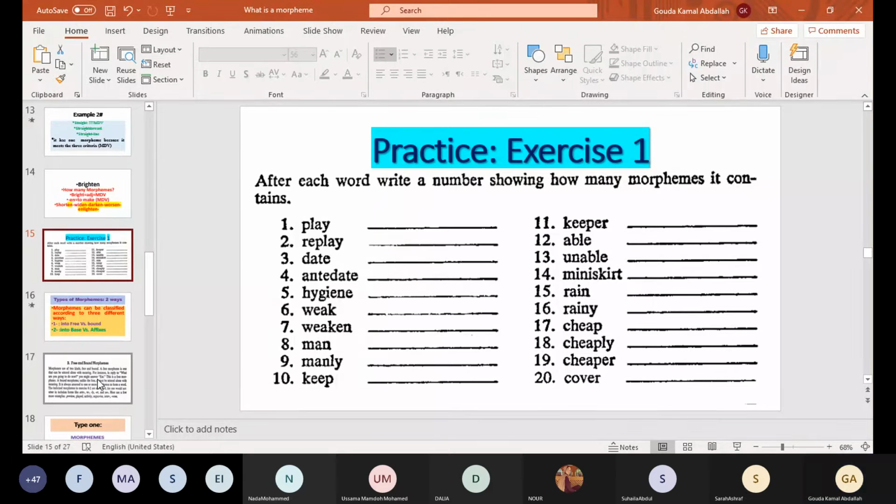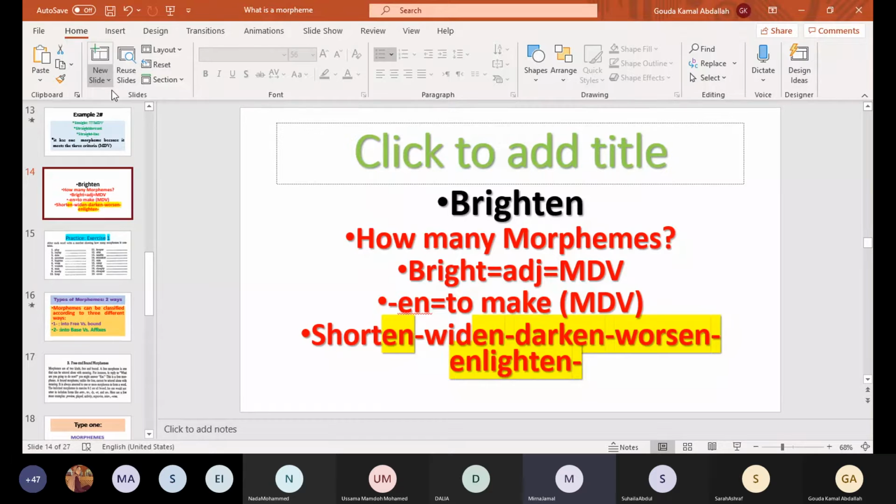Okay? Okay, Doctor. Sorry, a question. Does it matter if the word is a verb or a noun? Play, for example, could be to play or a play. Yes, but when it comes to morphological analysis, we do not care much about the meaning.